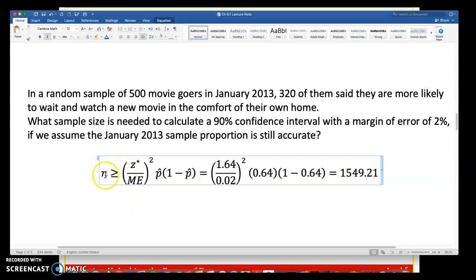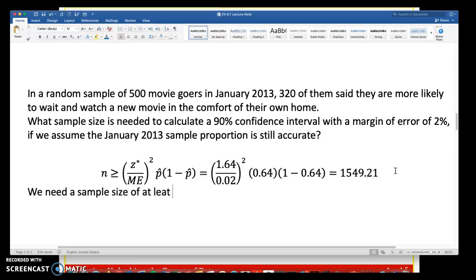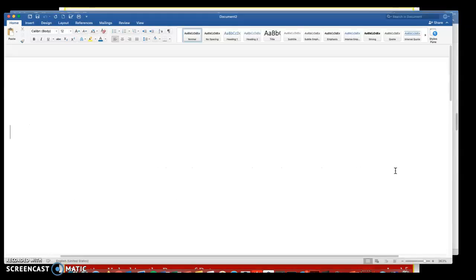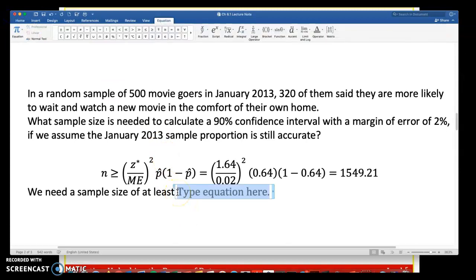We always need the sample size to be at least this big. To be at least 1549.21, we're always going to move up to the next largest whole number, so 1550.